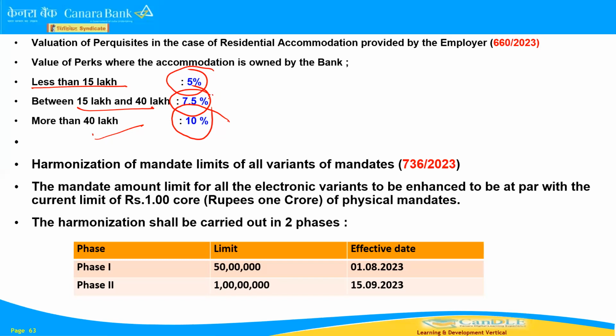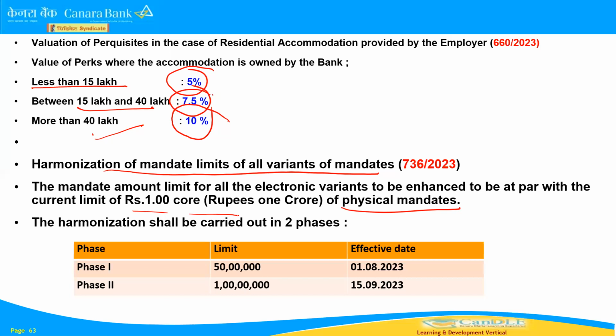Last, mandates: harmonization of the mandates of all variants. Earlier, the physical mandate amount limit was 1 crore, and the electronic variants are now enhanced to be at par with the current limit of 1 crore. Generally, physical mandates we are taking up to 1 crore, but electronic variants are not like that. Electronically, if somebody wants a mandate, it is a lesser amount.